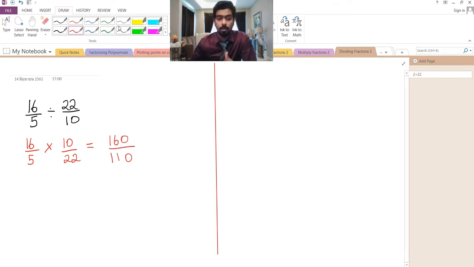Both the numerator and the denominator can be simplified more. Here is one of the techniques: if both the numerator and the denominator have a 0, we can straight away simplify the 0. The 0 and 0 will cancel each other, and the final answer we get is 16 over 11.